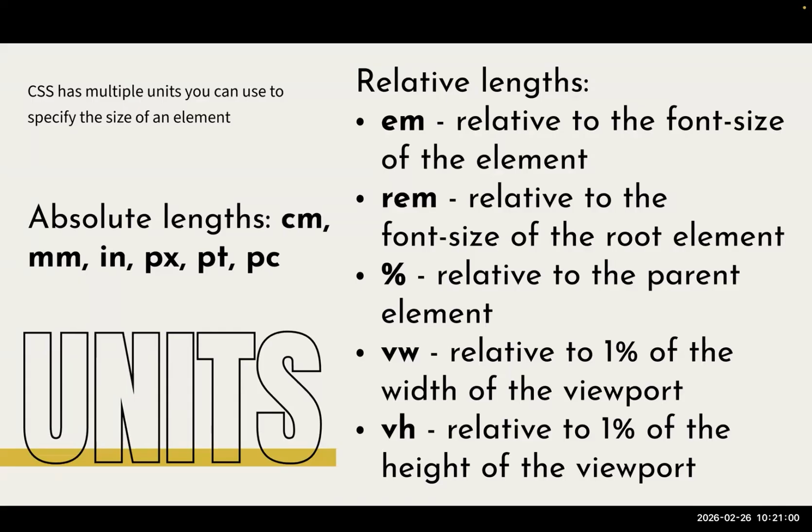And VH is just the opposite, so the height. And one VW or one VH is 1% of the total. So this is my total width of my screen on my phone, and one VH would be 1% of it. 100 VH would be 100% of my screen.